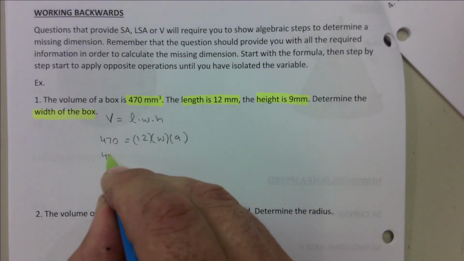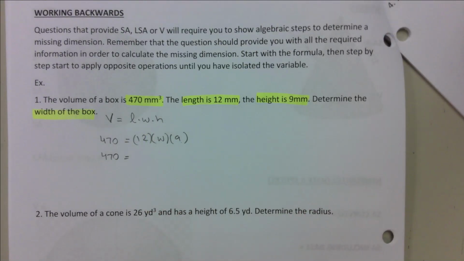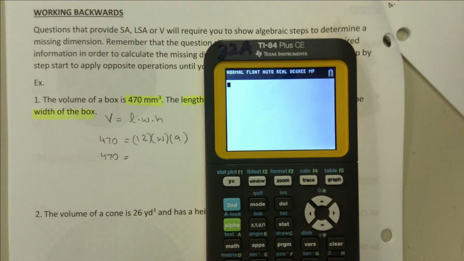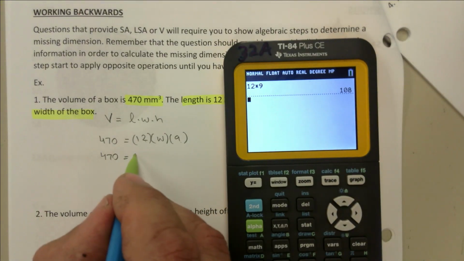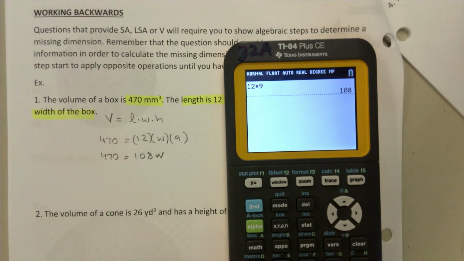So we go 470, and then 12 times 9. If it's too early for mental math, you just go 12 times 9 on the calculator. That's 108 W, so the 9 and the 12 can be multiplied.